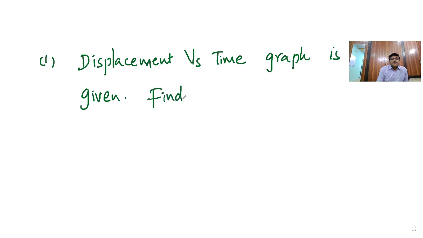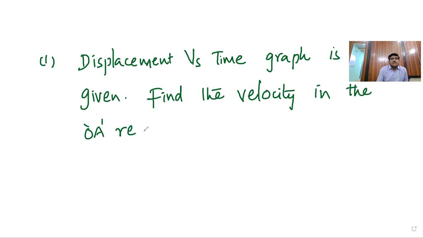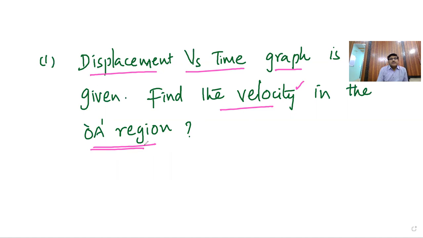Find the velocity in the OA region. This is the problem. It says displacement versus time graph is given. Find the velocity, we are interested in the velocity in the OA region. And the graph provided is this graph.